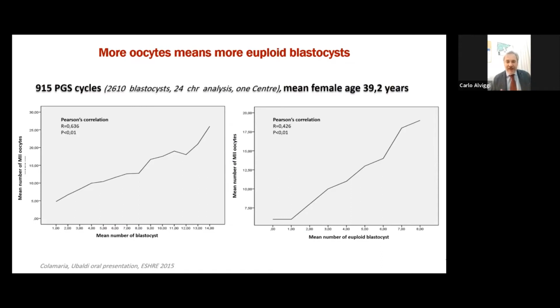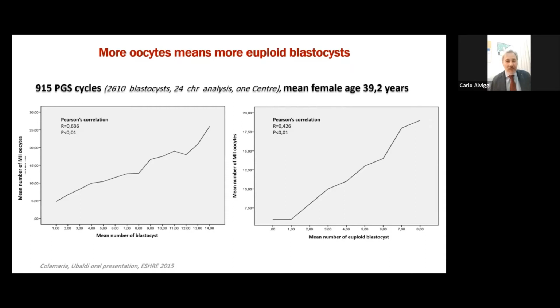If you adopt controlled ovarian stimulation, if you increase the number of eggs, you don't modify the rate of aneuploidies. So if you have 5, 10, or 15, or 20 eggs, the percentage of euploid oocytes and obviously blastocysts is always the same.